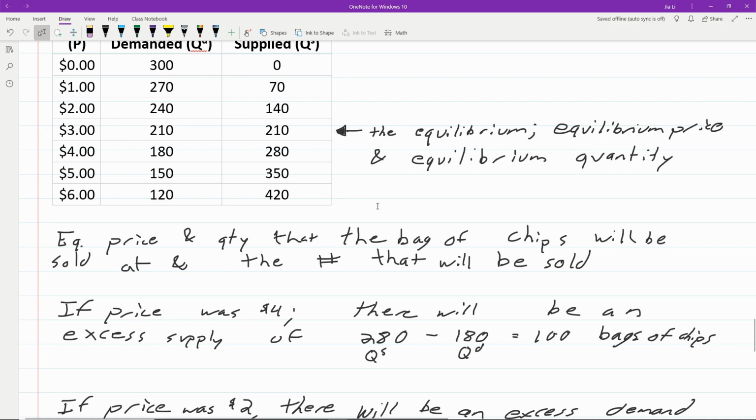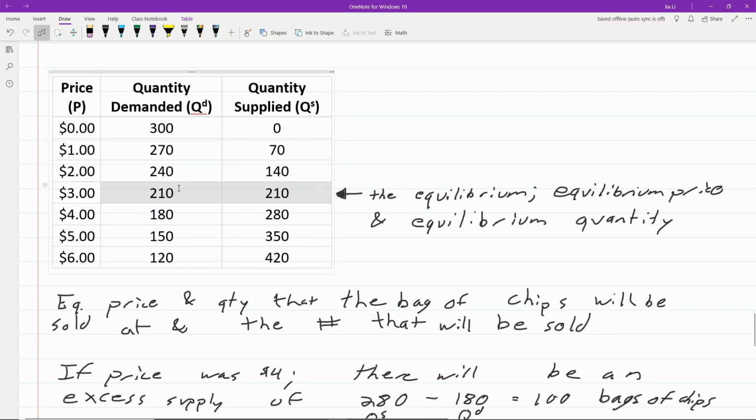Now, we know that because it should be the case that the quantity demanded should be the same as the quantity supplied. If the quantity demanded is bigger than quantity supplied, then there will be excess demand, like what we saw when the price was $2. And so there will be pressure for stores to increase the price to try and meet that high level of demand for the product, right?